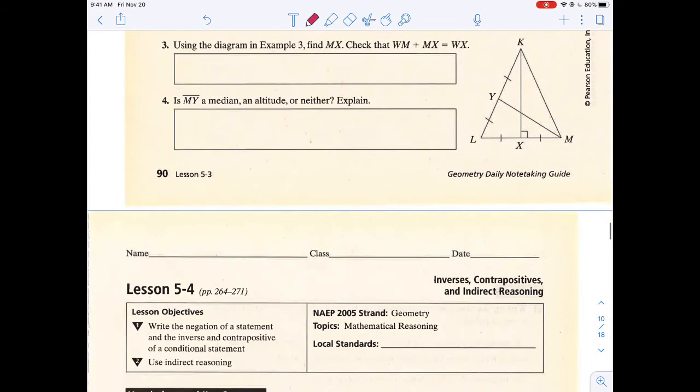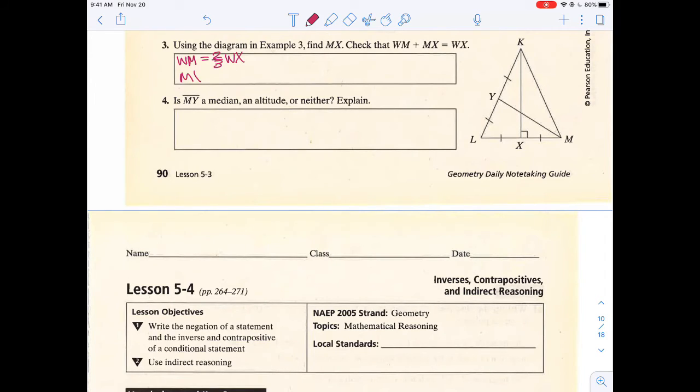Okay, number 3. Using the diagram in example 3, find MX and check that WM plus MX equals WX. So, we know that WM was 2/3 of WX.